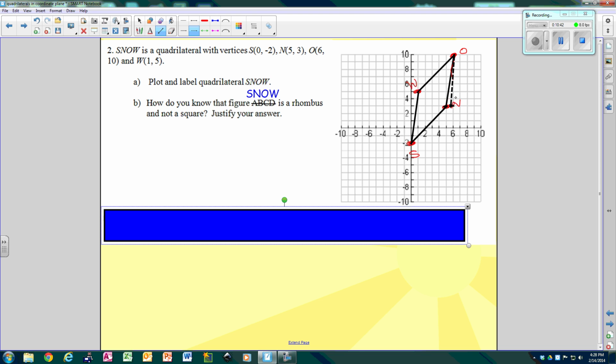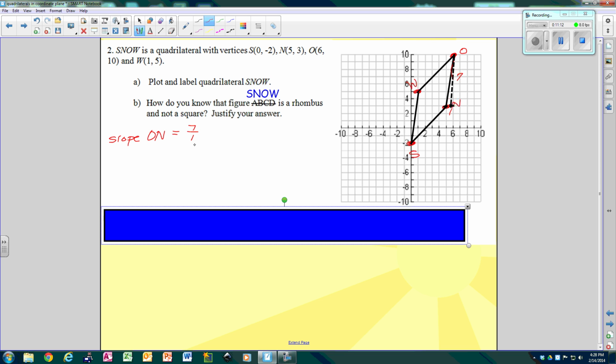So we got 1, 2, 3. These little triangles are not working for me today. All right. 1, 2, 3, 4, 5, 6, 7. So 7, 1. So we have to go down 7, backwards 1. So the slope for ON is down 7, backwards 1.